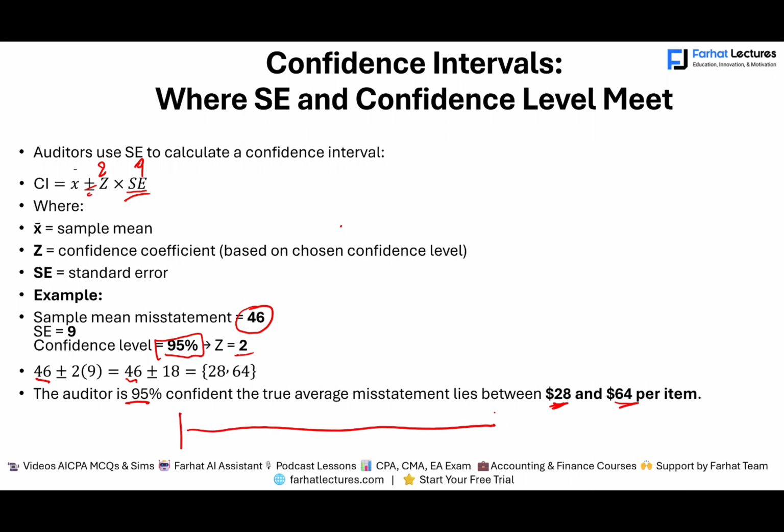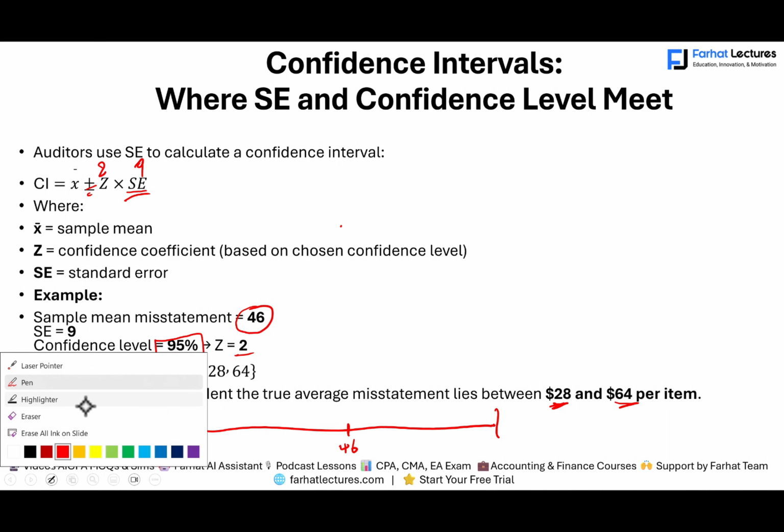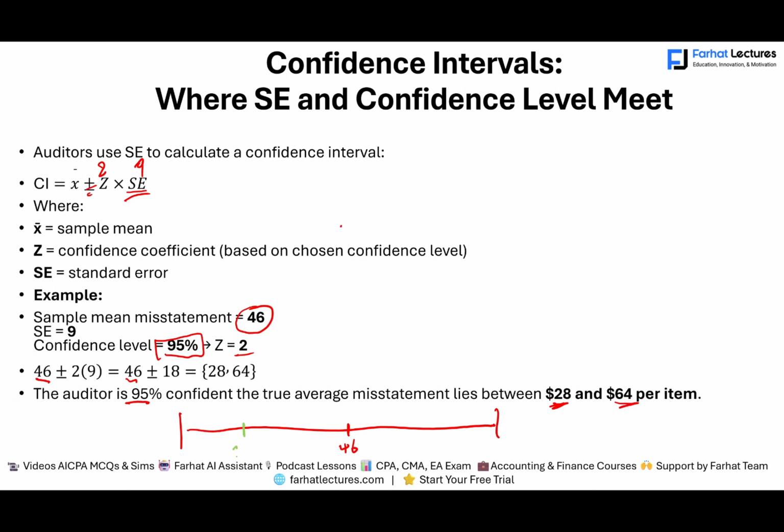So this is what we're looking at. The average is 46, but we are 95% confident that the true average misstatement lies within as low as 28, and as high as 64. Now this is a huge range, and the reason it's a big range is because the standard error is 9.